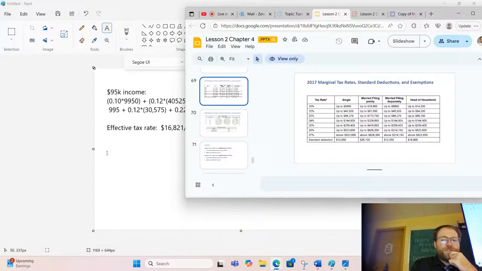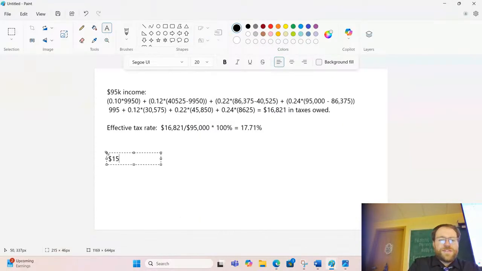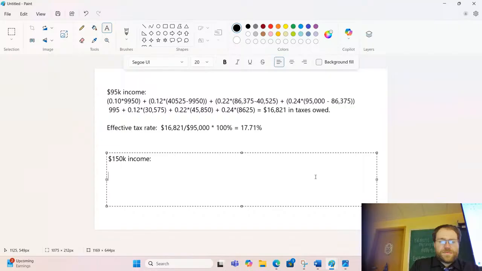So say we do this again with the 2017 amounts. So 150,000 income. The first part of this is going to be exactly the same, up to the 86,375 one.